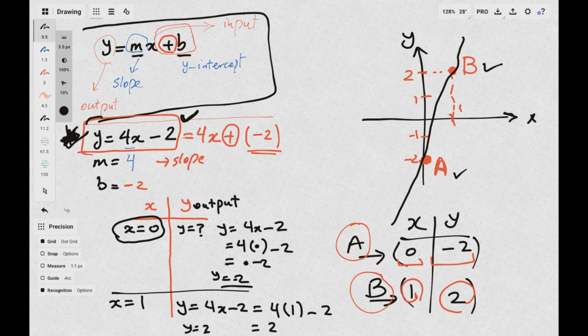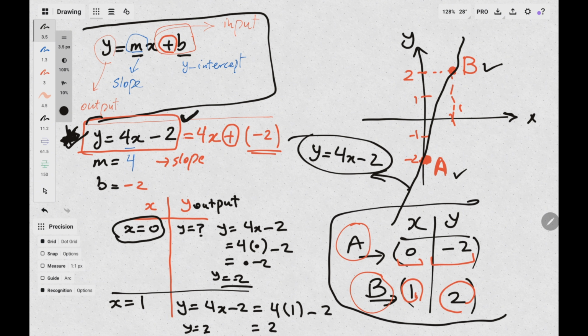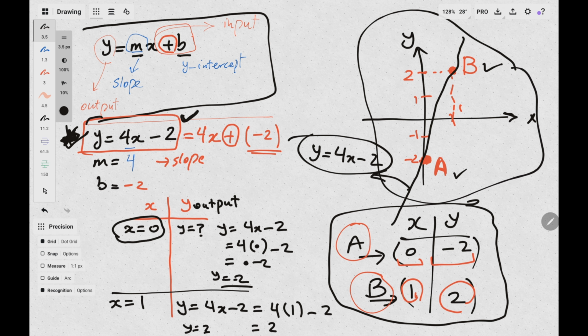This formula is the formula to plot that line. So what we have done is, we are given a formula, and we can represent that formula in a table or in an xy coordinate as a couple of points and a line passing through them.